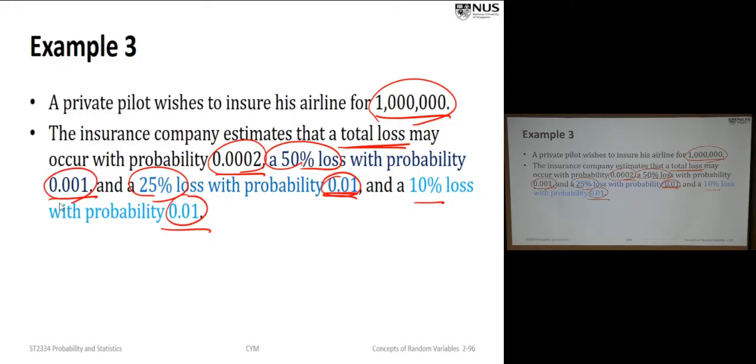Does it add up to 1? No, right? Then what happens? Something is wrong, right? What's wrong? There's a large chunk, another probability referring to some event which is not mentioned here.